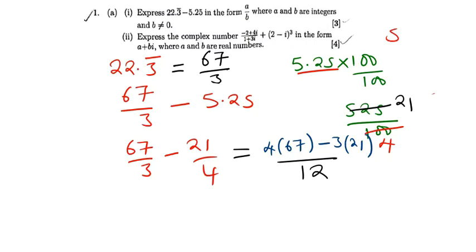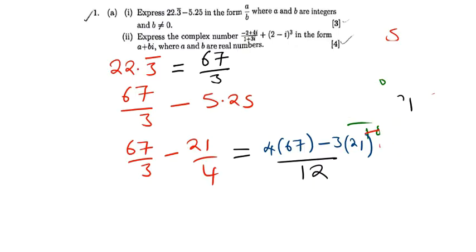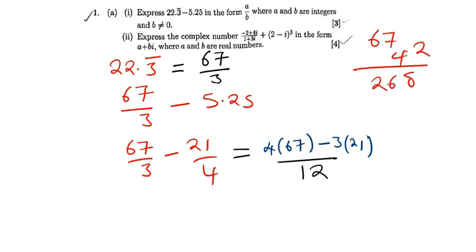At this point now you're multiplying 67 by 4. 4 times 7 is 28. 4 times 6 is 24 plus 2, 26. So 268. 21 by 3 is 63.